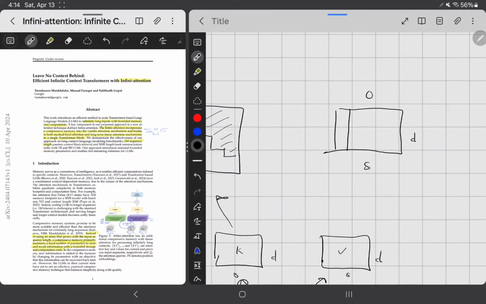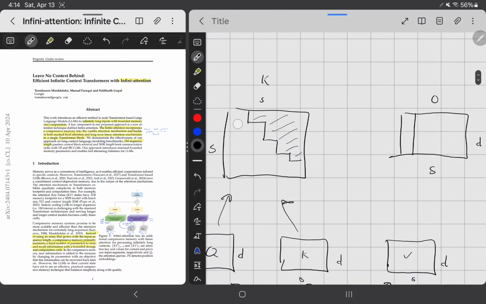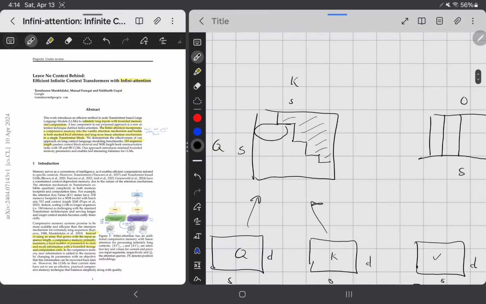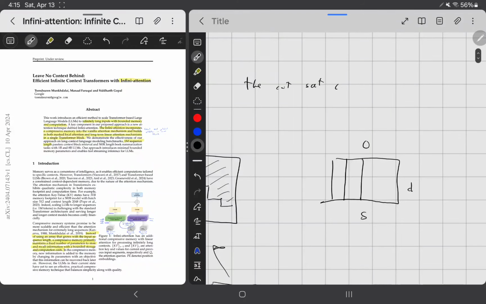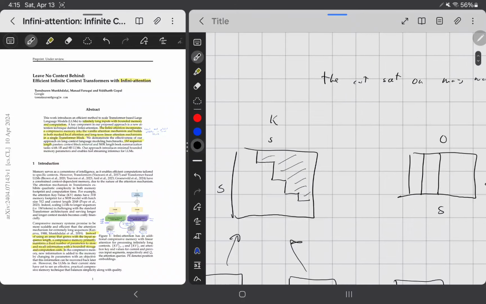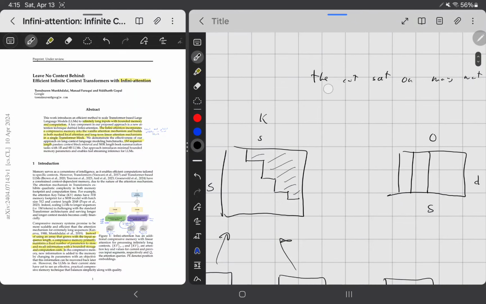So this first token will be composed of just this first value here. The second token will be composed of the two values here. So if I had "the cat sat on many mats," then the word "the" will just be composed of the word "the."